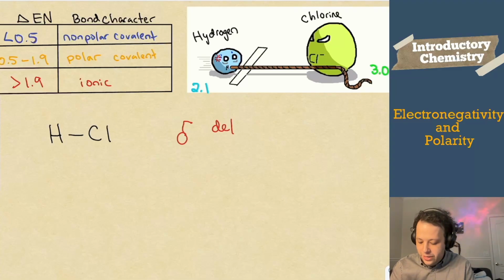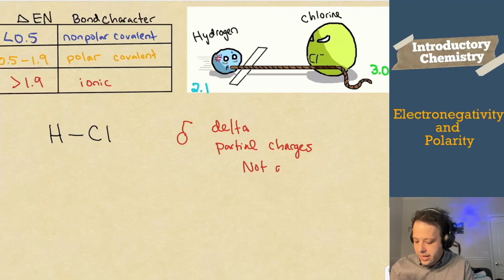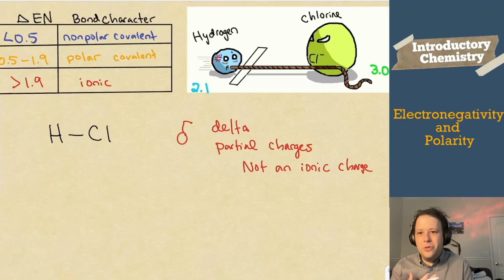This is the Greek letter delta, and it shows partial charges. So keep in mind, this is not an ionic charge. It's very similar to magnets, where there's a little bit of attraction between magnets, but you can still pull them apart.